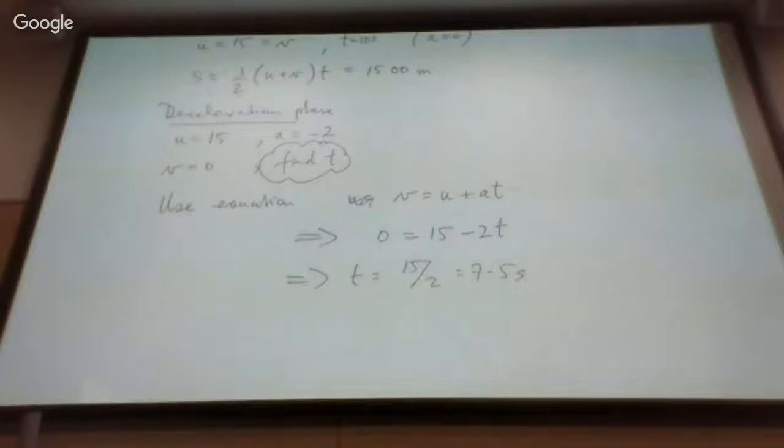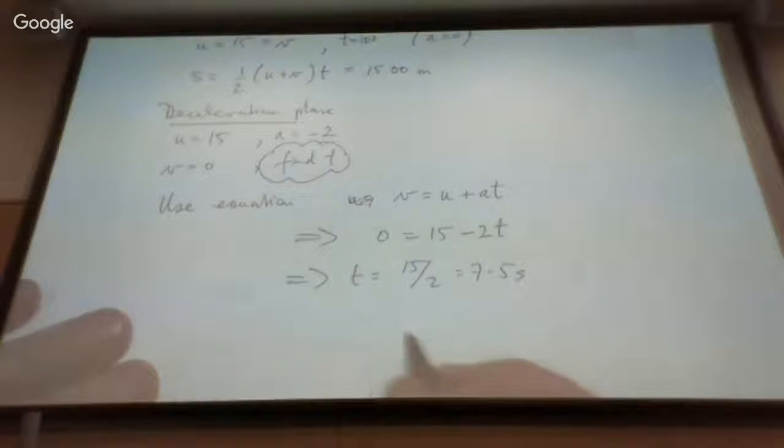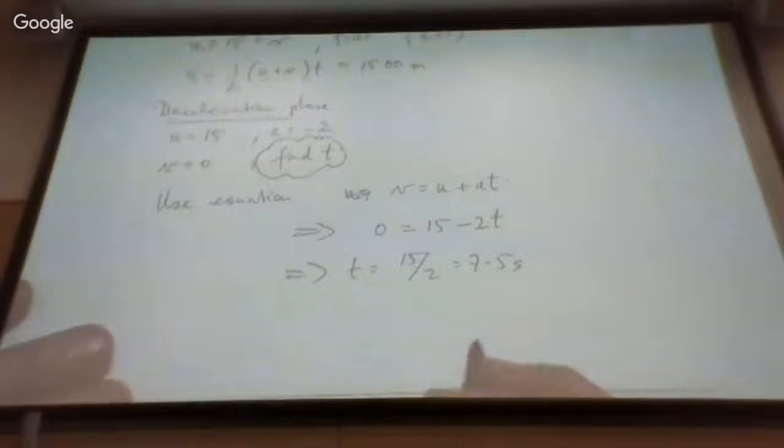And the question, if you look at exercise 8.2, it also asks us for the total distance. How far will the train have traveled by the time it comes to rest? So we need the distance traveled for this deceleration phase.